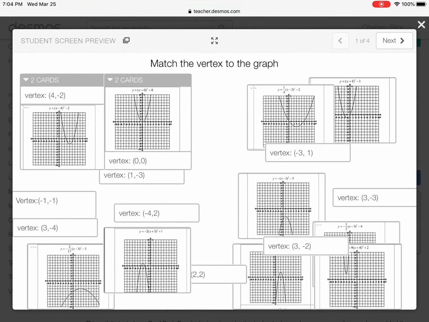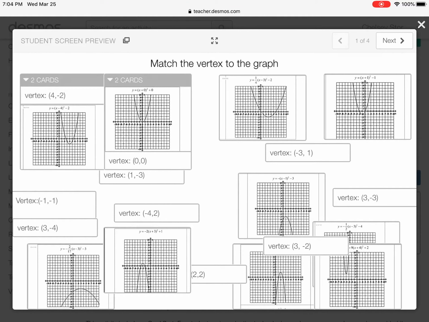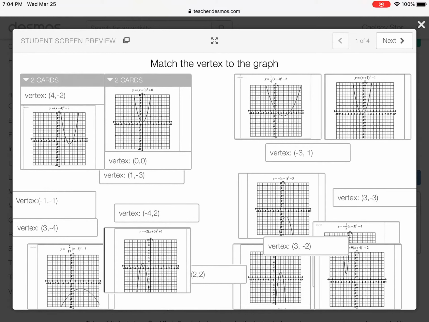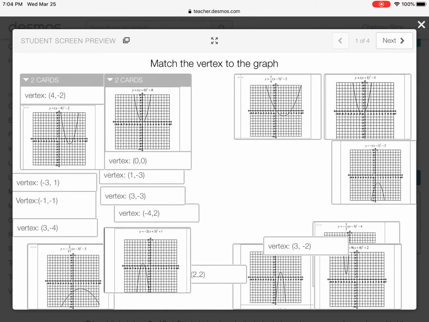Okay, and so if you're like me, you're somebody who's going to get a little overwhelmed by this. So what I would do if I were you is I would put all of my graphs in one place, and all of my vertexes in one place. Kind of organize a little bit before I keep going.